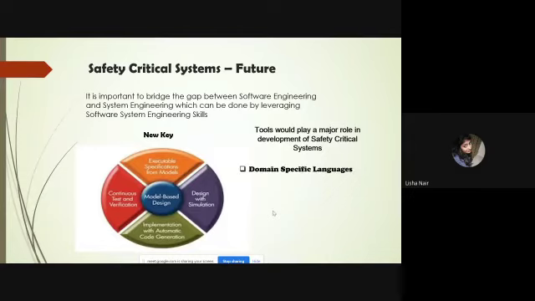So what are the different tools that play a major role in the development of safety critical systems? We have domain-specific languages. Right now in aerospace, the only languages that we used were ADA and C++. We haven't gone beyond that, because only non-safety critical systems, like the in-flight entertainment system, which is your TV inside the flight, are considered non-safety critical.